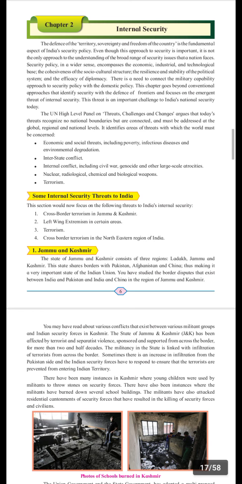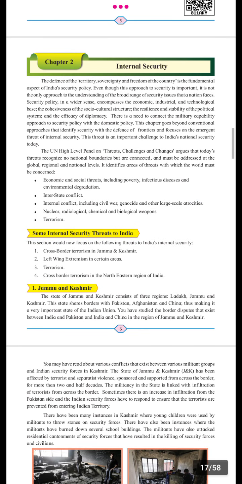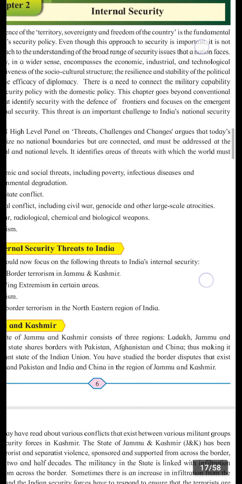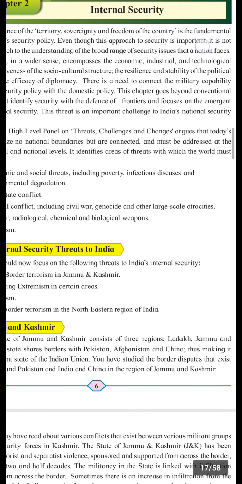Yesterday we saw the introduction. Internal security means the threats related to internal security of India.